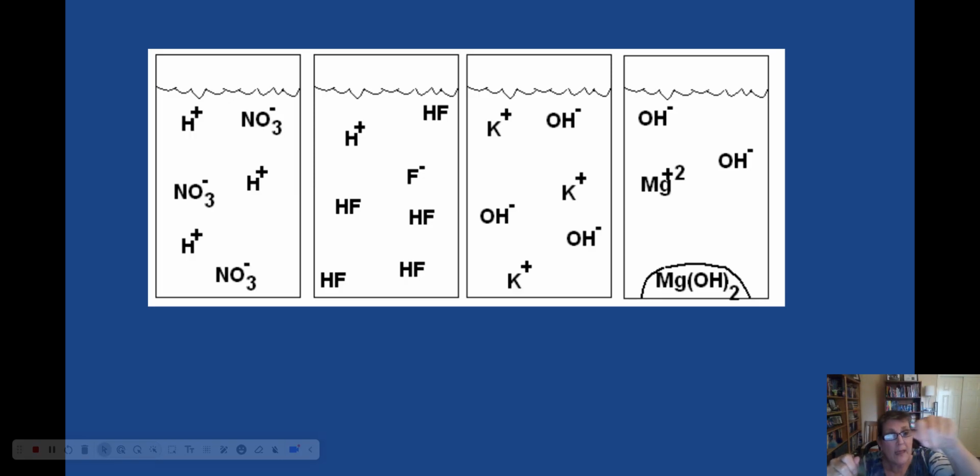So you should have a little squiggly line at the bottom with the MgOH2 down there. And then just draw one of them broken apart into Mg, which is a +2 charge. So we need 2 hydroxides to balance that out, OH minus, OH minus. Okay, I hope you did good with these beaker drawings. It's very important that you can draw beaker drawings in this chapter.